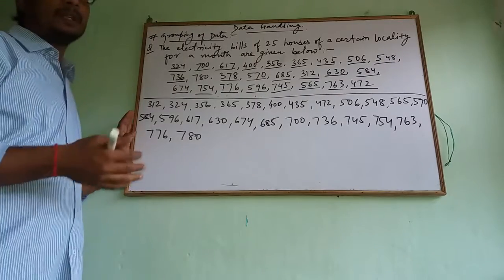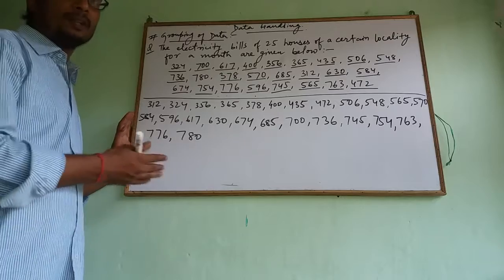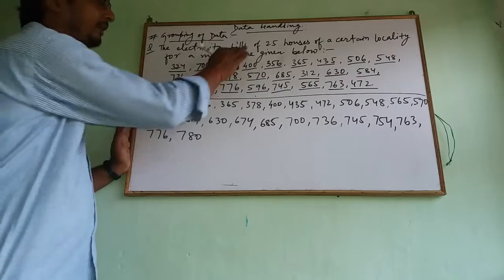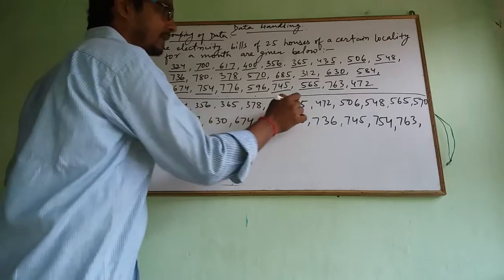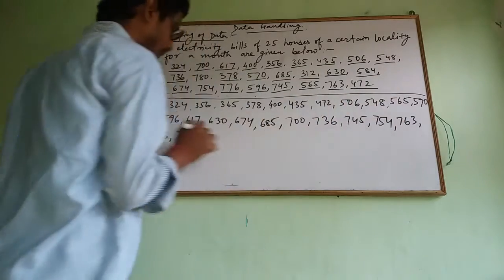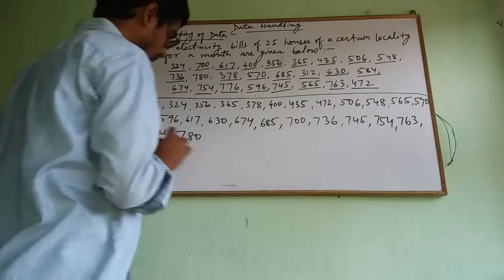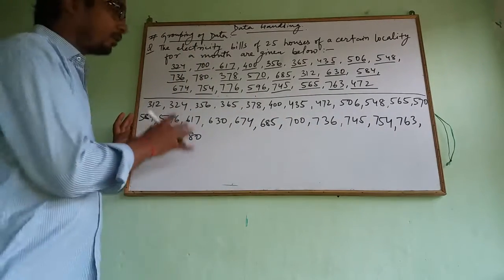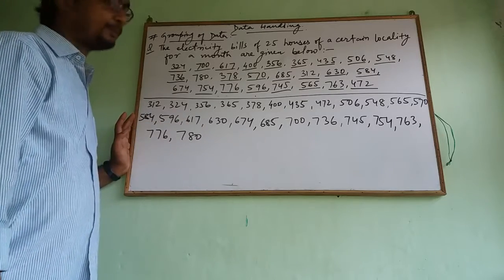Once you have arranged it in increasing order, you have to confirm whether the data are 25 or not. So just count it: 1, 2, 3, 4, 5, 6, 7, 8, 9, 10, 11, 12, 13, 14, 15, 16, 17, 18, 19, 20, 21, 22, 23, 24 and 25. So my total data are 25, arranged in increasing order.